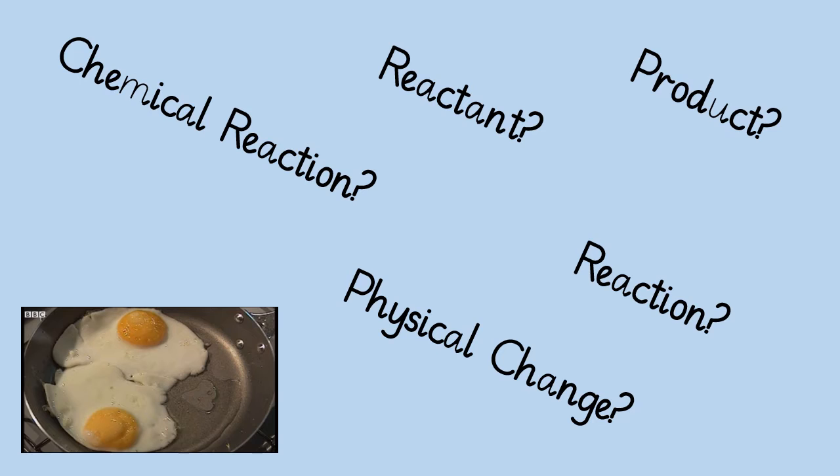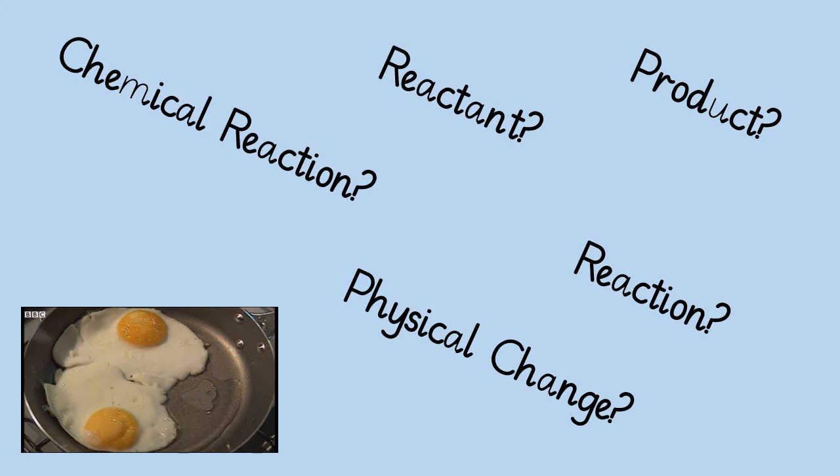So reactants are almost like your ingredients. Product is what is created after the reaction has occurred. So in the video, the ingredients were the reactants and the cake was the product. And what occurred was a chemical reaction. And after that chemical reaction, there was a large physical change. That's how that vocabulary all combines together.